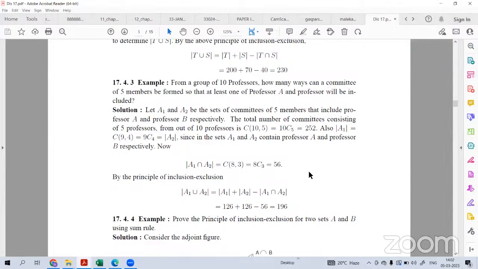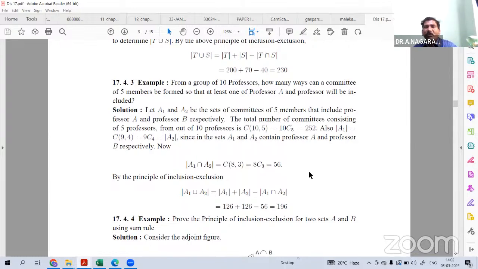Now, out of 10, for the first group, how many professors do we have? 10 professors. I want to select 5, so 10C5 is the number of selections of professors, which is 252. That is the count of elements in the A1 set.